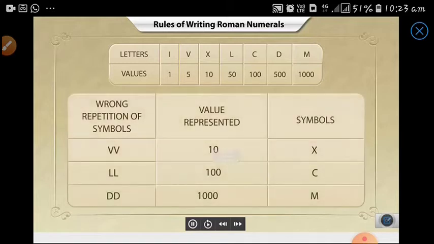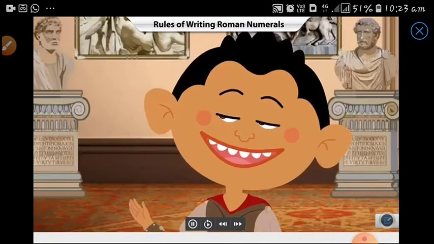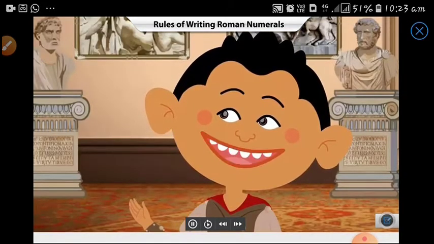Also, symbols like V, L, and D cannot be repeated, as the values represented by repetition are already denoted by the symbols X, C, and M as shown in the table. Okay, thanks for the word of caution.